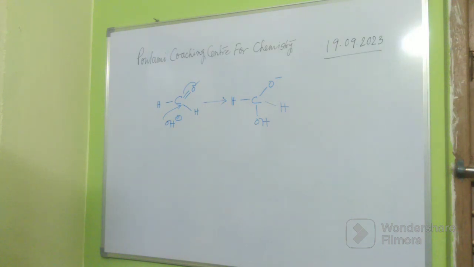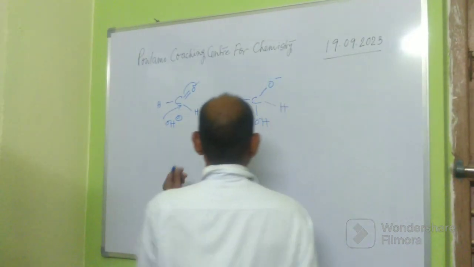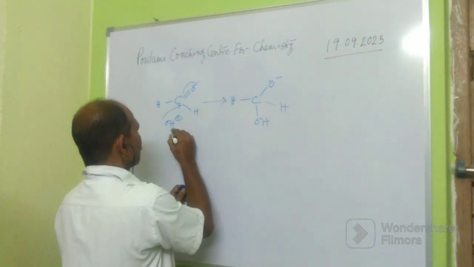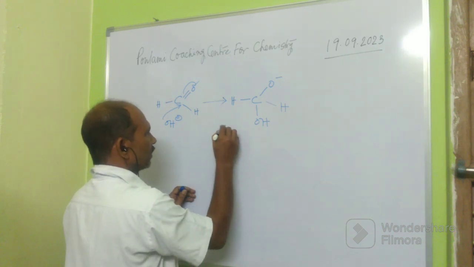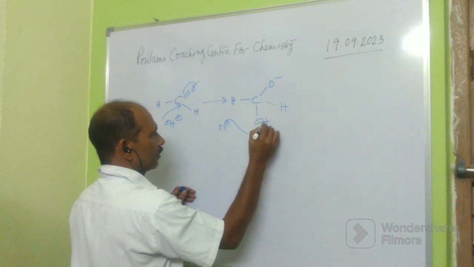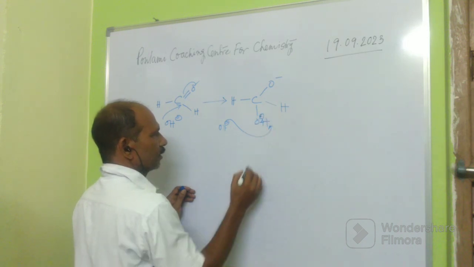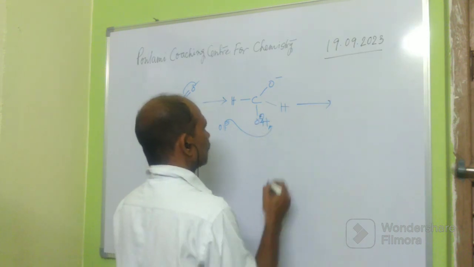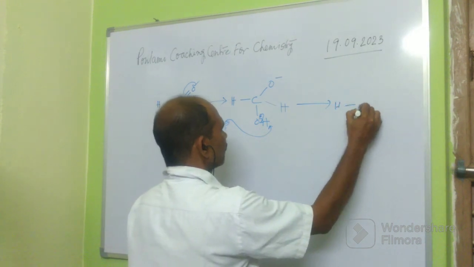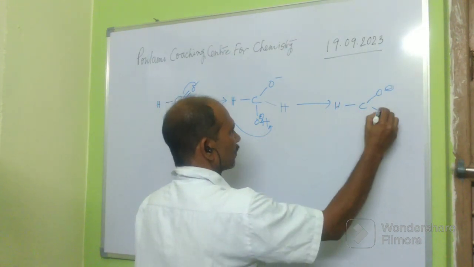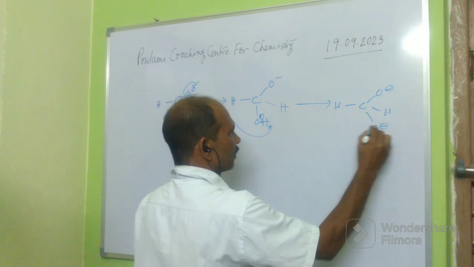Another OH minus will attack and take the proton from here into the product, forming the dianion.